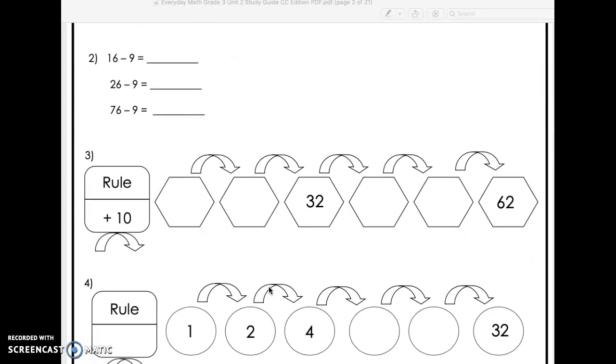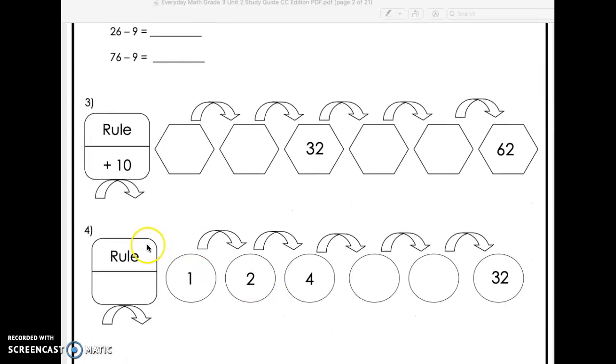The next problem is trying to find the rule to these boxes. These are arrows that go to the next number, but the nice thing is this one already tells you the rule, so you know that it's going up by 10.